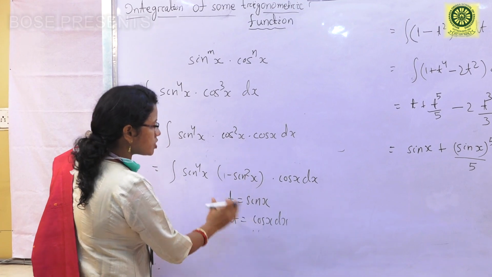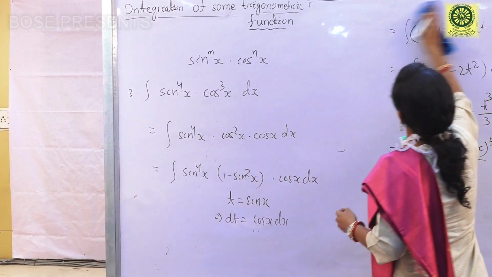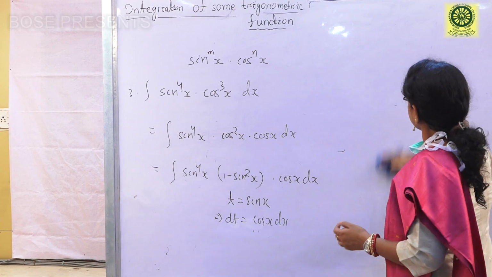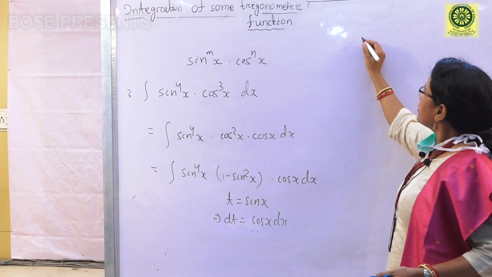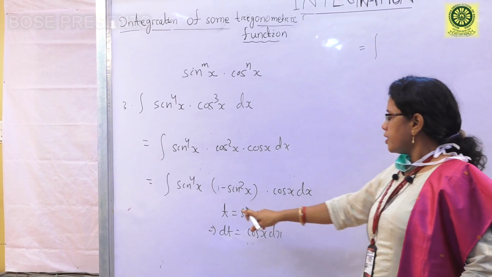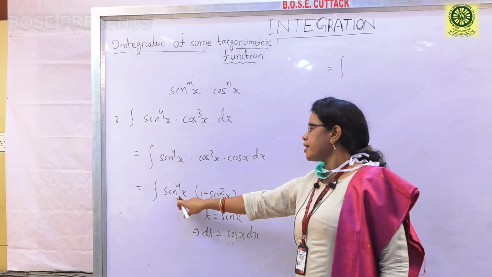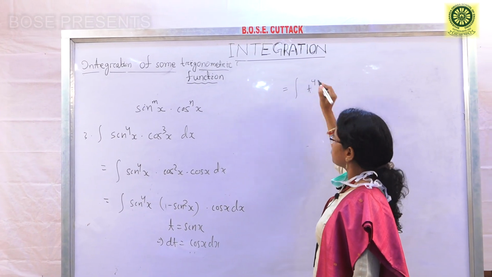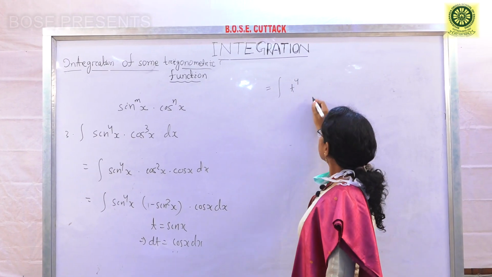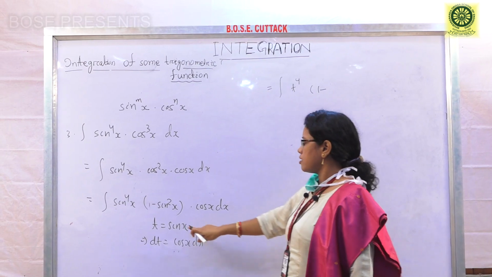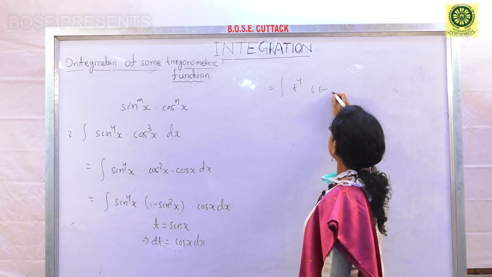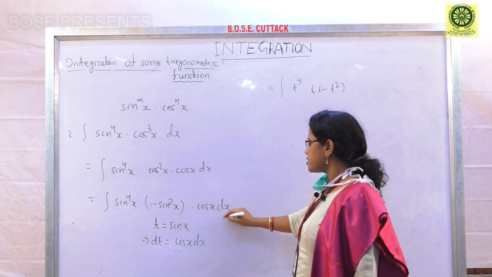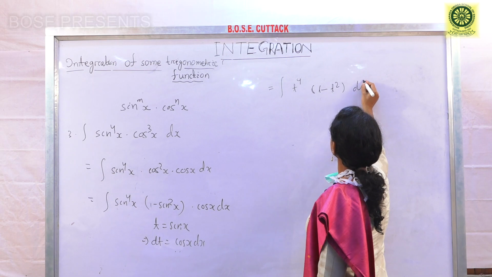By using this substitution, our integral becomes, t equal to sin x, that implies sin to the power 4x will be t to the power 4. Then 1 minus sin square, sin square will be t square. Then your cos x dx will be replaced by dt.